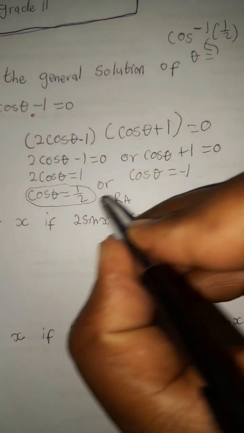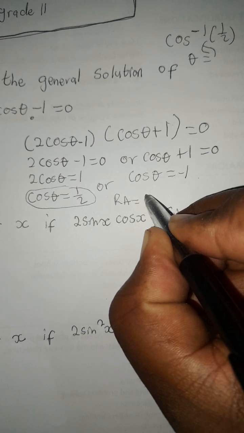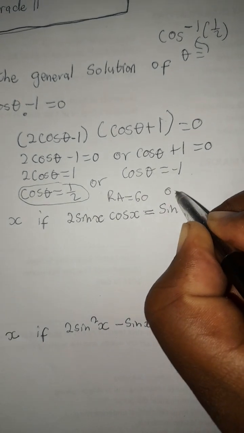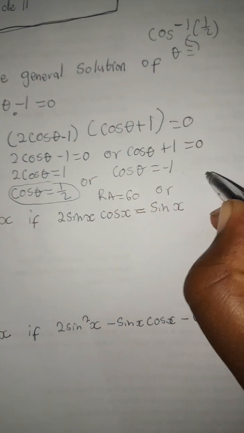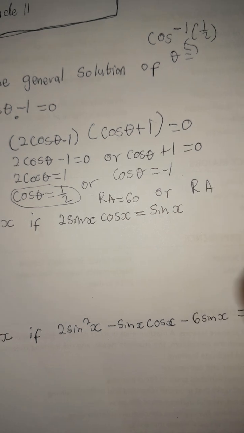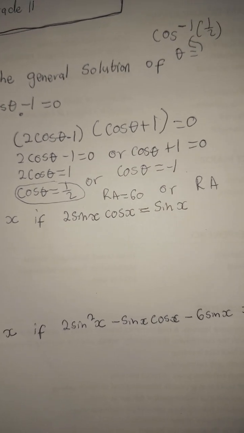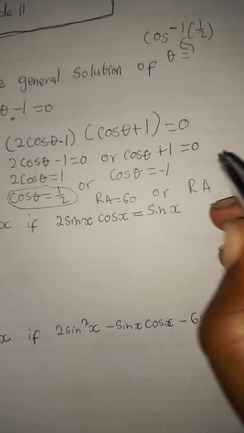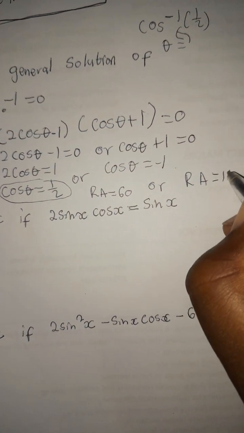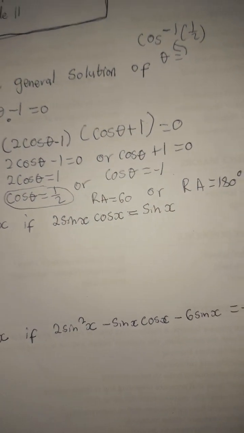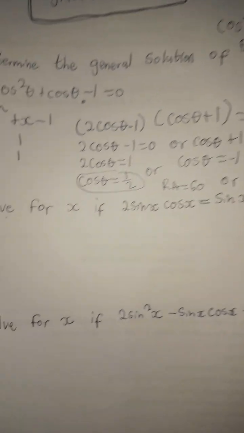So the reference angle that we are going to use here is 60. Or let's use for this one the reference angle. What is the cos inverse of negative 1? That will be 180 degrees.